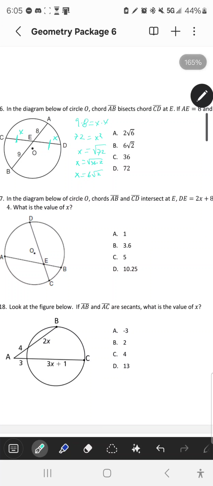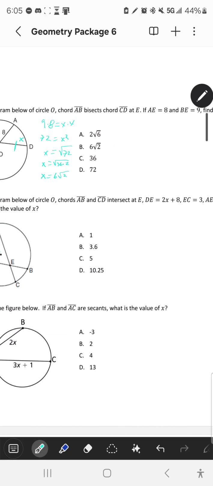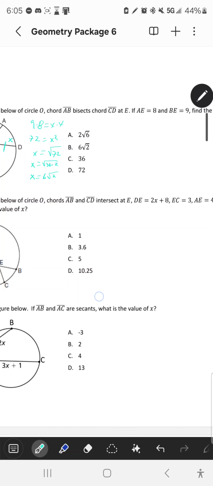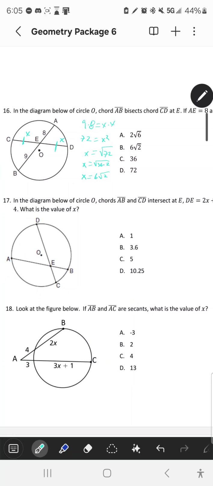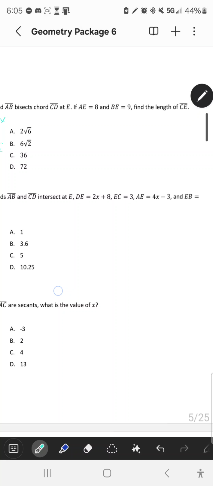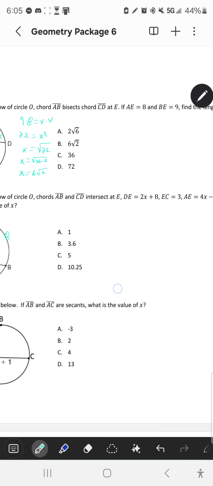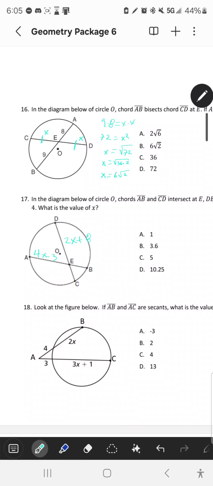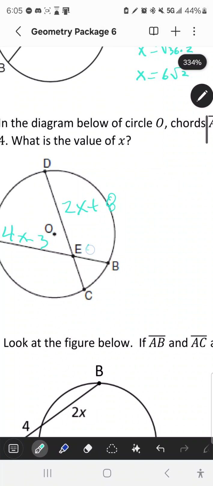So we are going to continue next week. In the diagram below, of course, AB and CD intersect, and they are giving us the values. So ED is 2x plus 8, AE is 4x minus 3, and EB is 4.